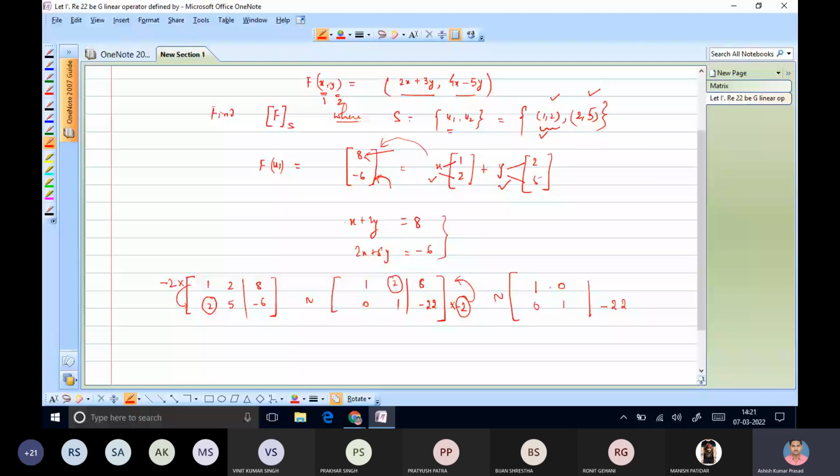So I got 52 and minus 22. So here I am substituting. What is x? x is 52. What is y? y is minus 22. And this is my u1, this is my u2. So with this, I can write f(u1) as 52 u1 minus 22 u2. Right? Is it fine?